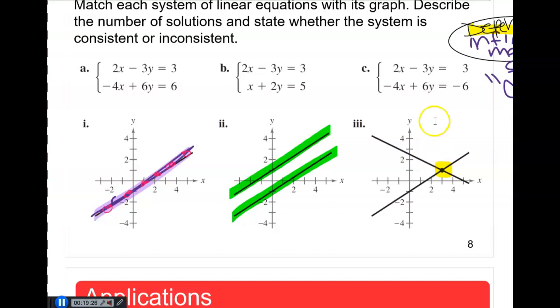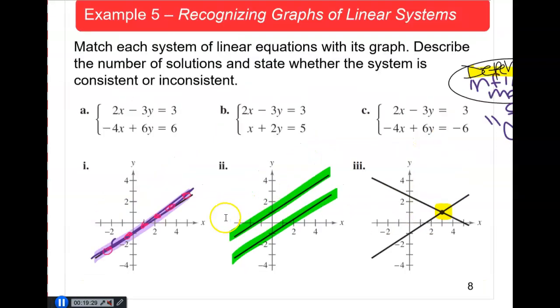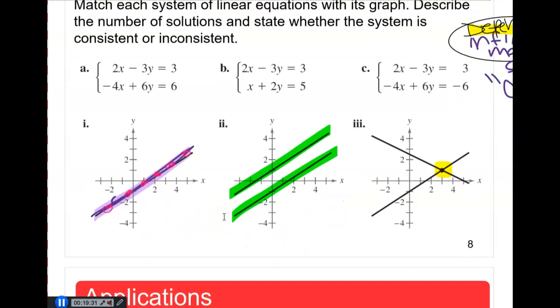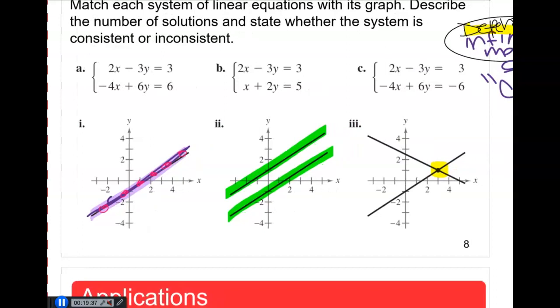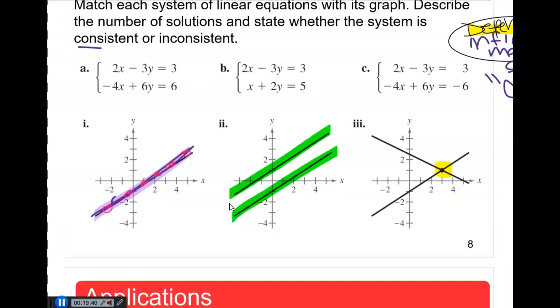Let's label them first. The words that we will be using are consistent or inconsistent. So do they have solutions?